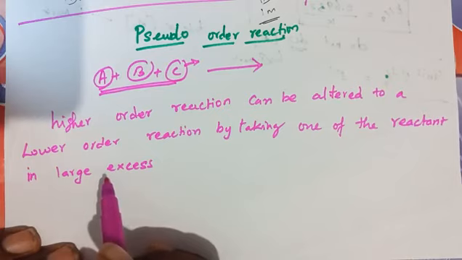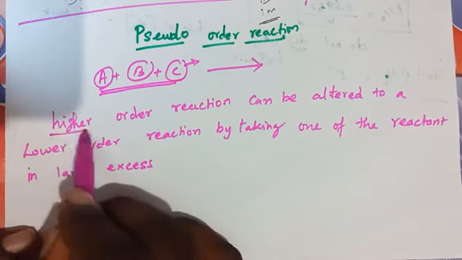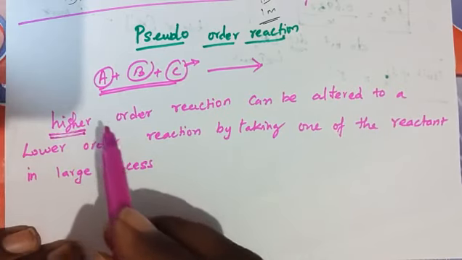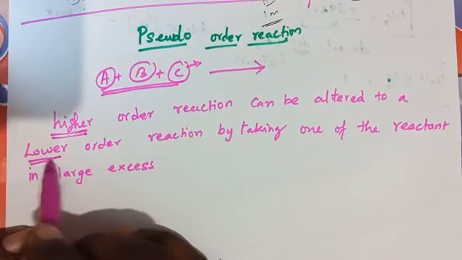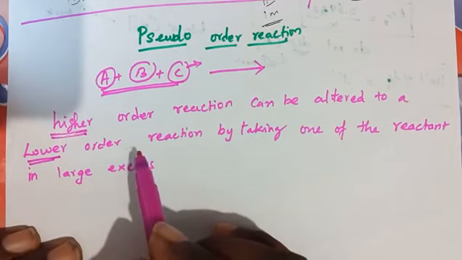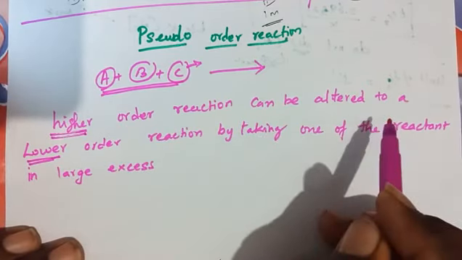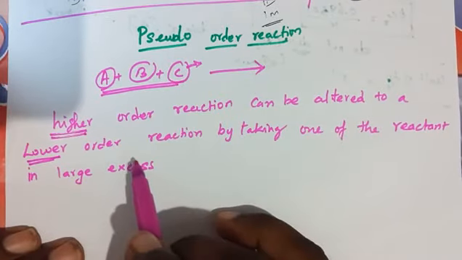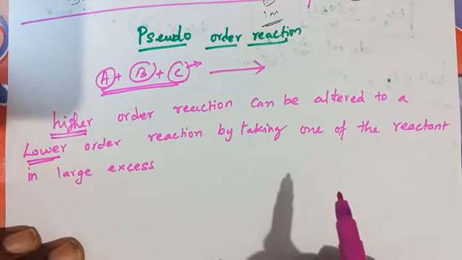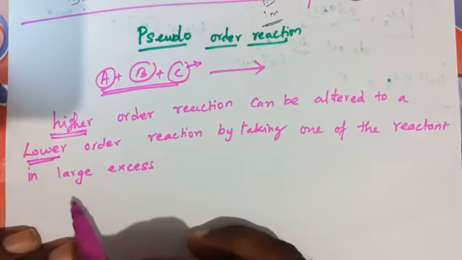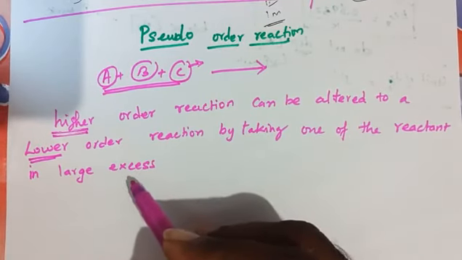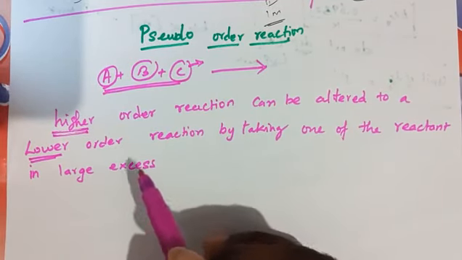It is said to be pseudo first order when higher is second and lower is first. So a second order reaction can be altered to a first order reaction by taking one of the reactant concentrations in large excess. This is called pseudo first order reaction.